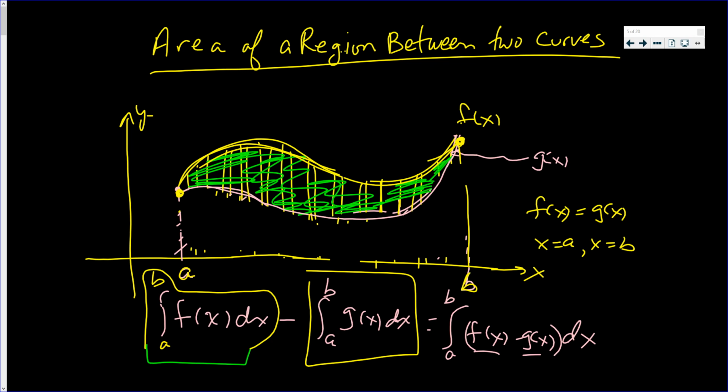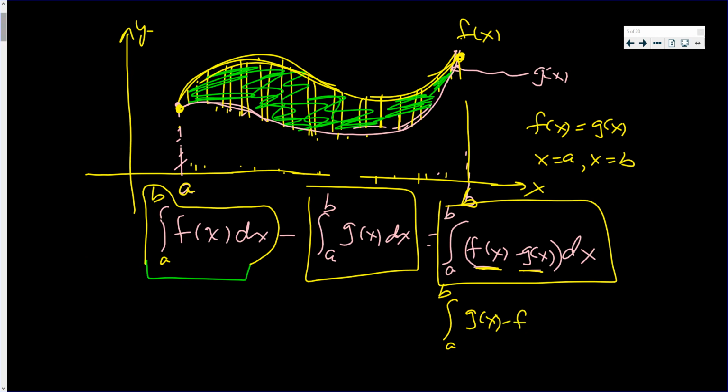Well, either the f function is bigger, and this will give you the right answer, or the g function is bigger, and this integral would give you the right answer.